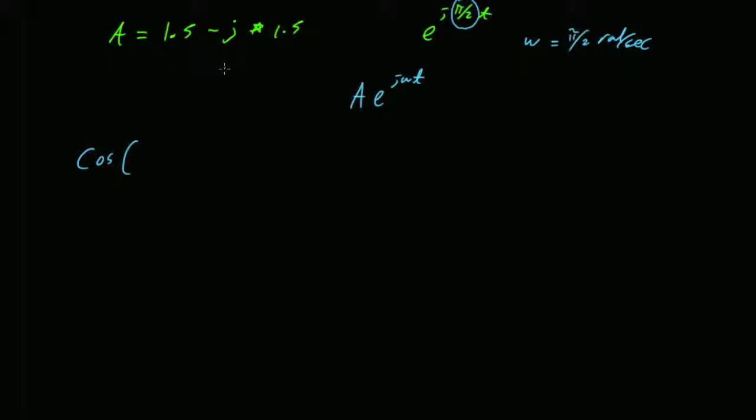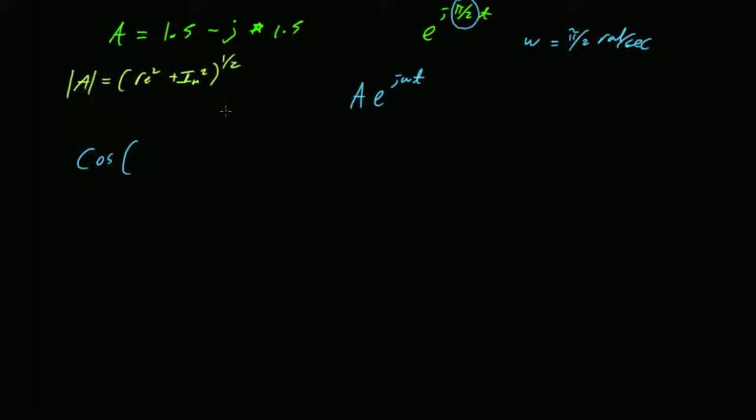Yes, you were going to say? Yeah, exactly. Right, well that's the magnitude. The magnitude of A is the square root of the real part squared plus the imaginary part squared. I did that, but when I plotted it, I got 4 as the amplitude. You've got to multiply by 2.